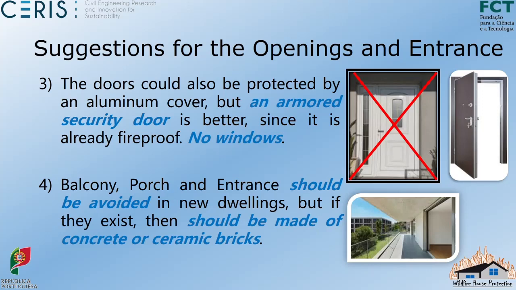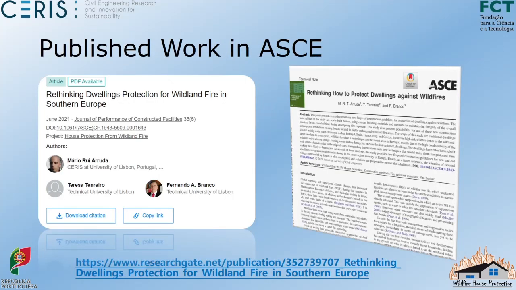The door should also be protected by aluminium cover or an armored or a fireproof security door, whatever you want to call it, and no windows. Clearly no windows. Balcony, porch, and even an entrance should be avoided. If they exist, they should be made only of concrete and ceramic blocks. Once again, no wood or combustible materials near.